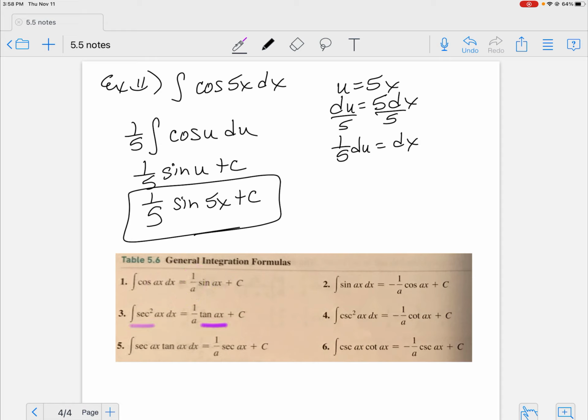Every time. Secant squared, tangent; secant tangent is secant. Anytime you're working at this, if there is just a number, let me write it. Just a number. That's whenever you can do the 1 over that number.